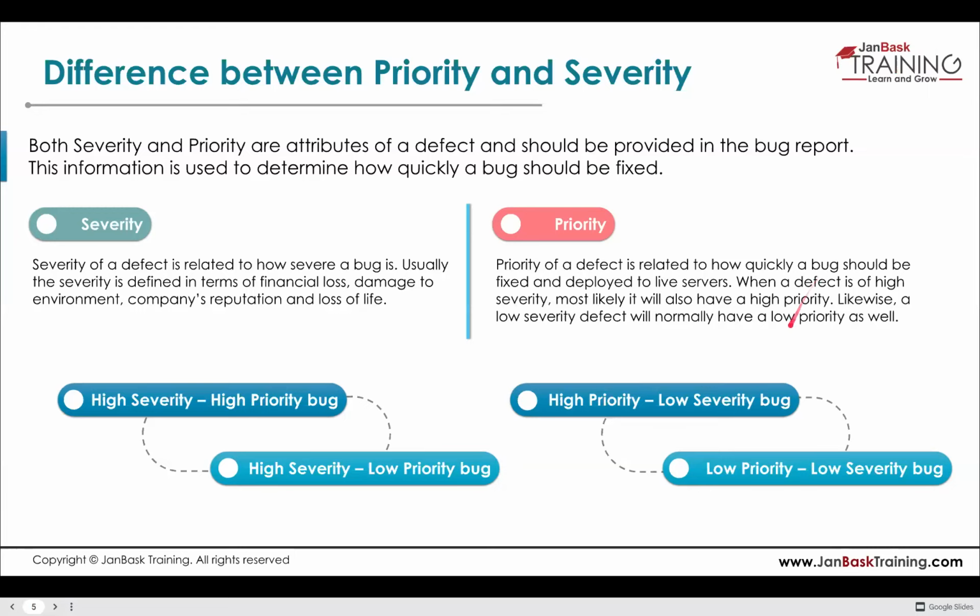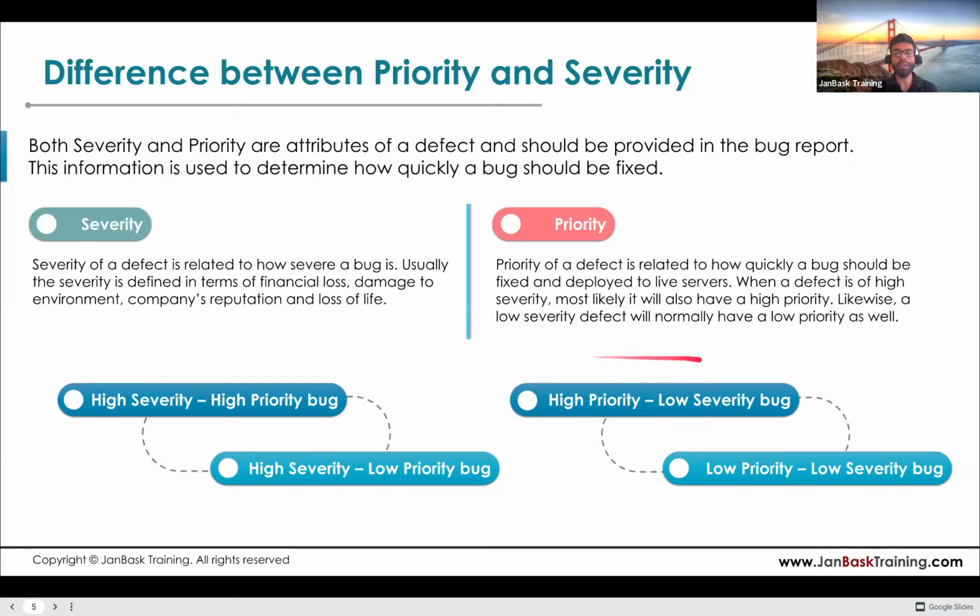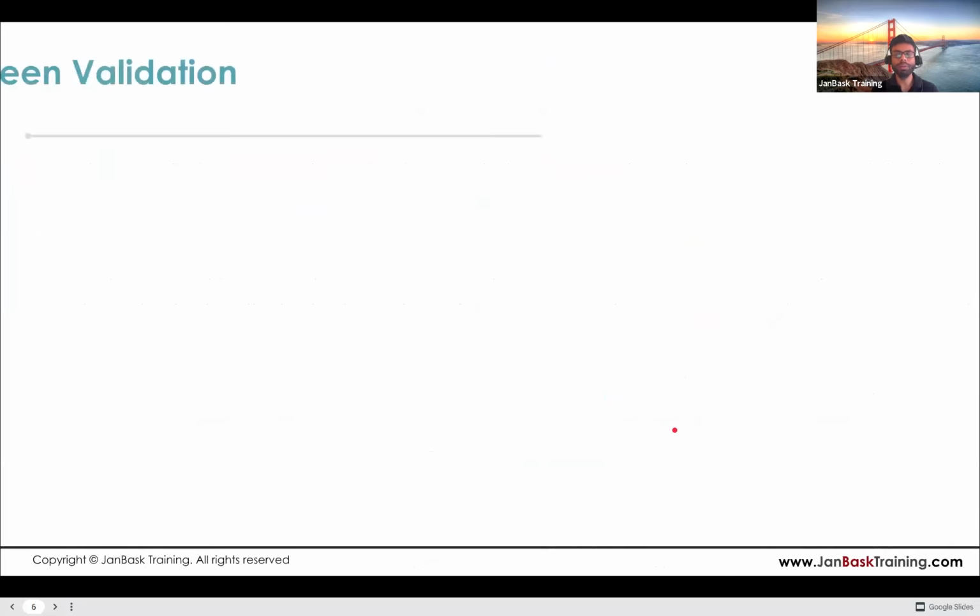So in this case, this is a high priority bug because it's affecting the brand value of your company. So this is an example of a high priority but low severity bug, right? Is that clear? Yes.